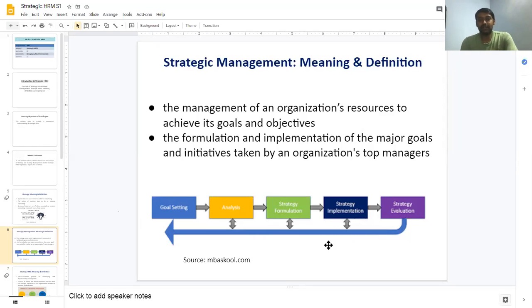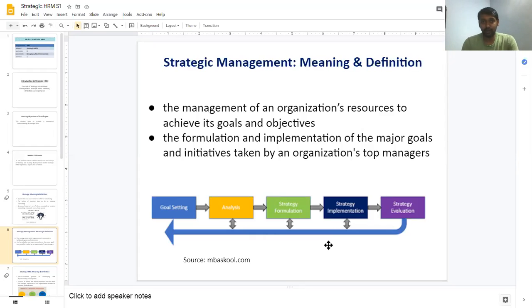Finally, it goes back to the same parameter. So first we will set the goal, then we will analyze it, then we will formulate, implement, and evaluate it. Any kind of major goals or initiatives taken by an organization's top managers will be accomplished only with this particular process.